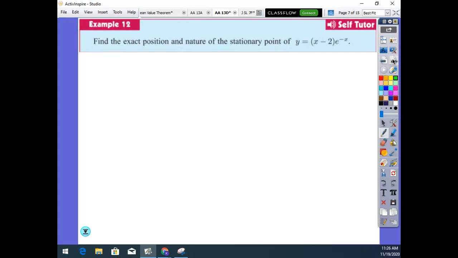All right. I'm going to tell you right now, this one's a little tricky derivative, but we can do it. Why is it tricky? I have x minus 2 being multiplied times e to the negative x. So this is a product rule.